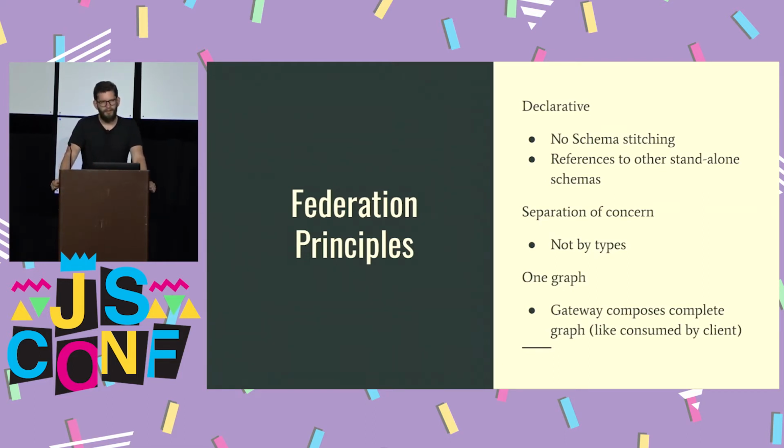Another thing which is pretty great is that you have a separation of concerns, meaning you divide your schema into several standalone schemas, which then can be referenced to each other. To bring all of that back together to the client, Apollo created a gateway which takes all those several federated schemas and makes one huge schema out of it again. So for the client, nothing changed at all. It's only on the server side.